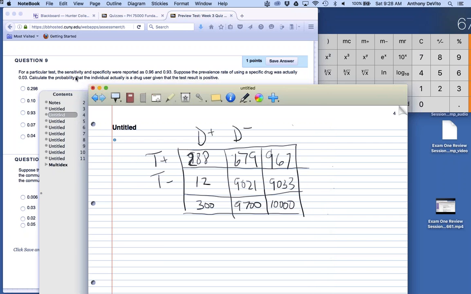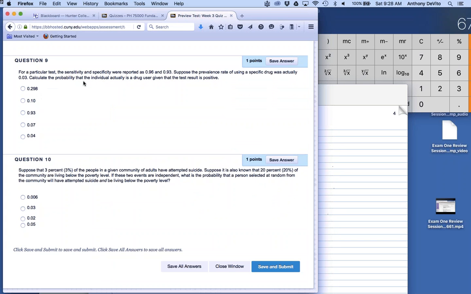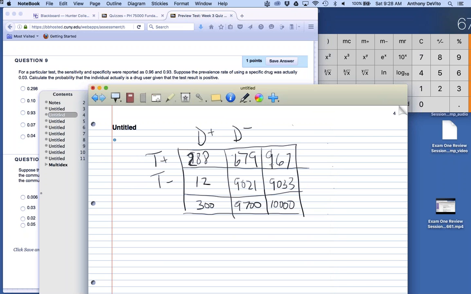Okay, so now the question becomes, calculate the probability that an individual is a drug user given that the test is positive. In other words, a person tested positive, what's the probability that they actually use drugs? Well, 967 people tested positive, right? Okay, I'm going to write that down here. 967 people tested positive. Out of those 967 people, only 288 were drug users.